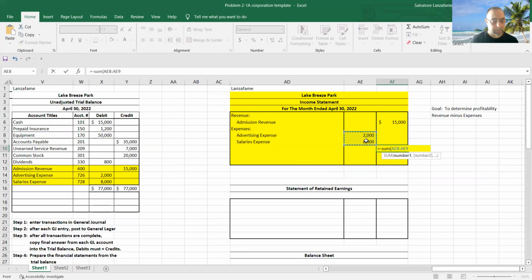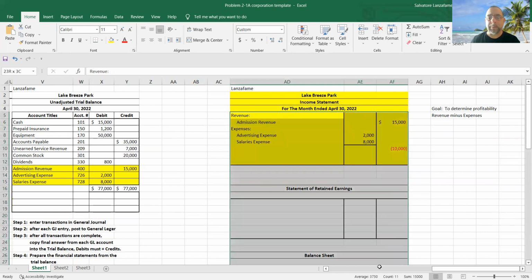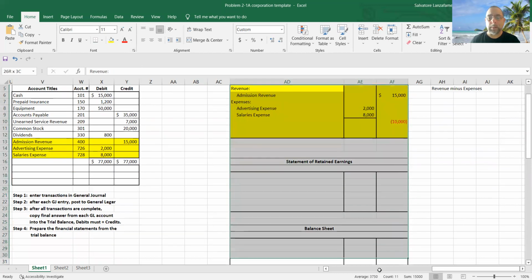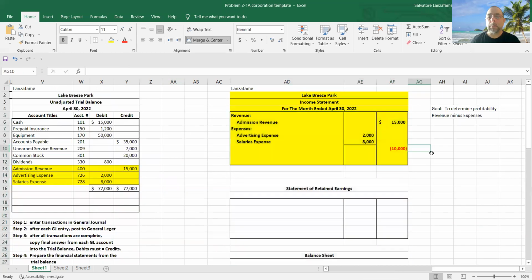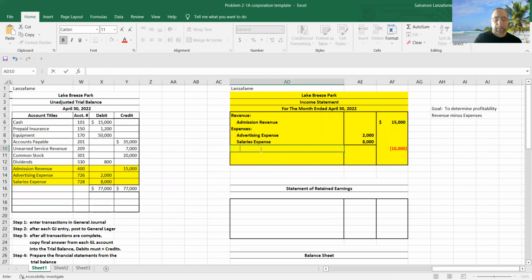And when I do that, I come up with $10,000 as total expenses. Let's bold all this stuff. Makes it a lot easier to see. Okay. I now need to identify this $10,000. And we'll call that total expenses.